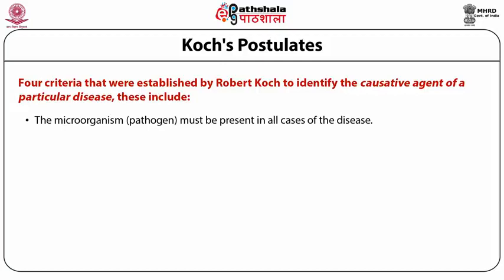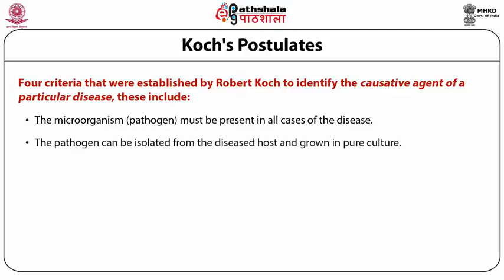So the microbe which is blamed for disease must be present in all the cases of disease. Second, the pathogen can be isolated from the diseased host and grown in pure culture. So from the tissue of a diseased animal or human being, the pathogen can be isolated and cultured in pure culture by streaking or spreading.